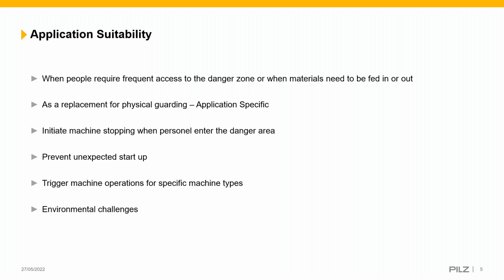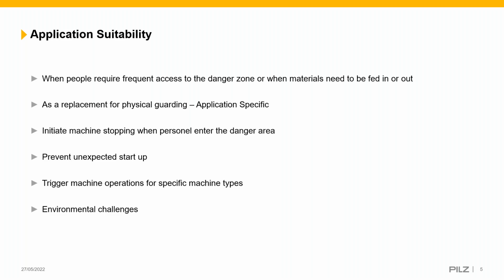So it may be to do with if you have to go in regularly, you don't want to have to go through a gate access system where you're stopping the machine, opening a gate, going in, doing what you've got to do, coming back out, closing the gate again, restarting the machine. So all these things take time.